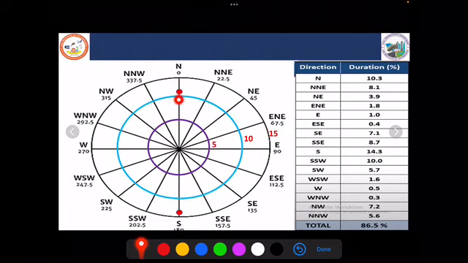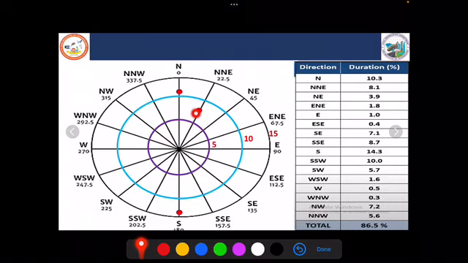Along the north direction, between 10 and 15, just above the line of 10, you mark a point. Once it is done, next check the north-northeast, that is 8.1. So 8.1 along the north-northeast direction, between 5 and 10. Between these two lines my next point has to be located.